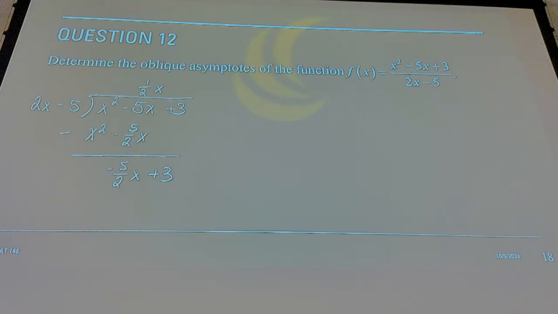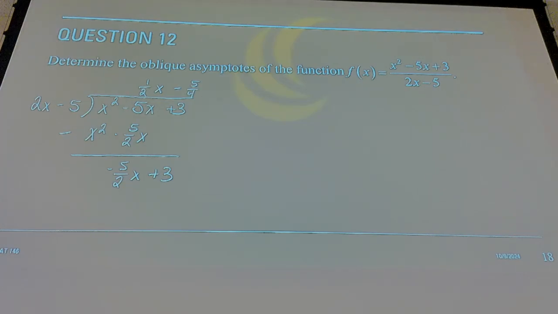I need a calculator. That's sad. It's negative 5/4.